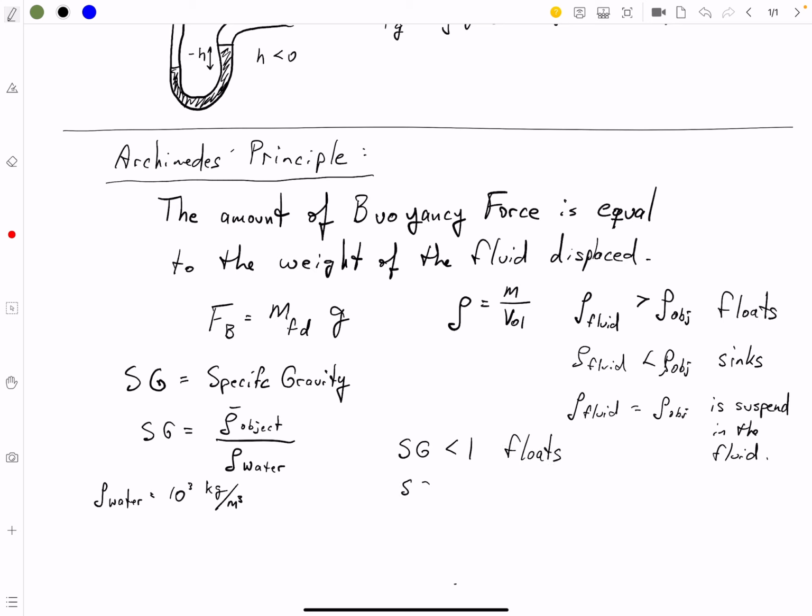If the specific gravity of the object is greater than 1, it sinks. And of course, SG is equal to 1 when it suspends.